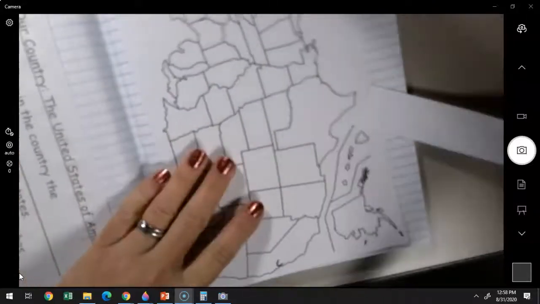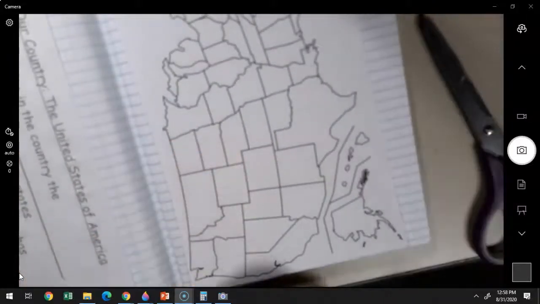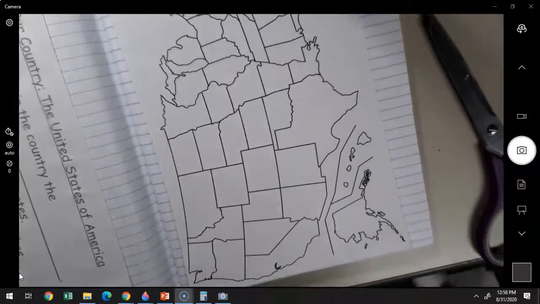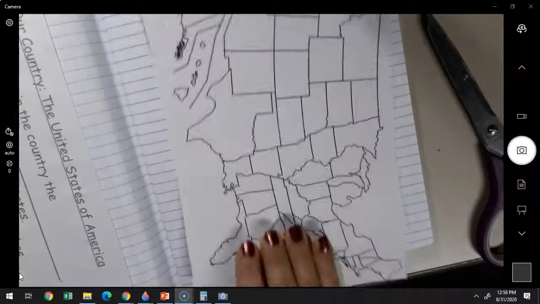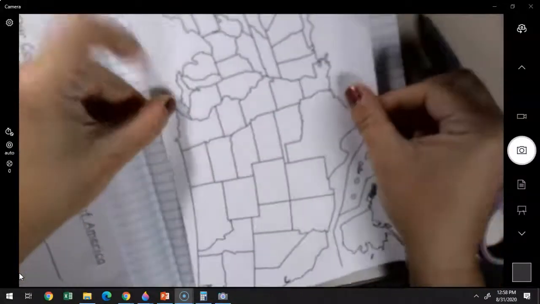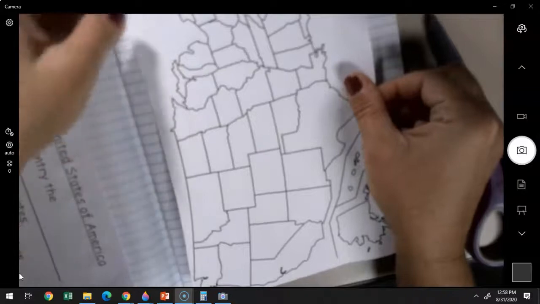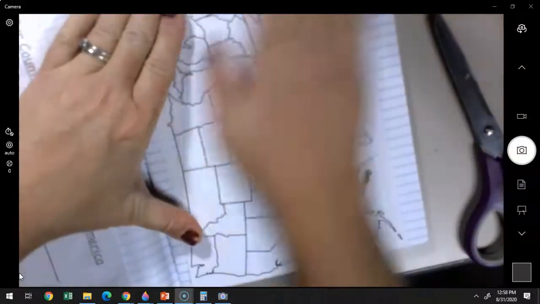So then your map should fit on here. And you can do it however you want. Either way, doesn't matter, since it's sideways. All right, so now you should have your notes and your map ready to go.